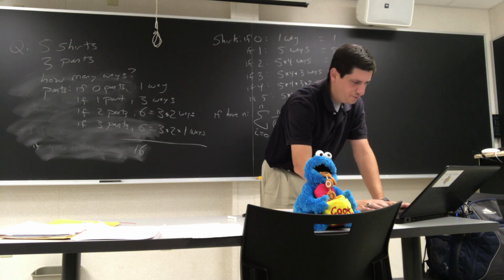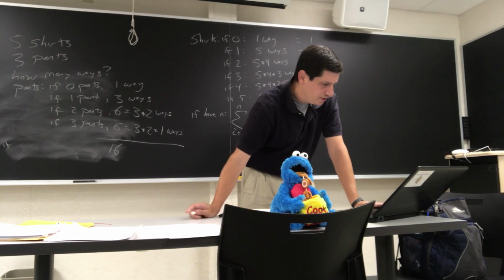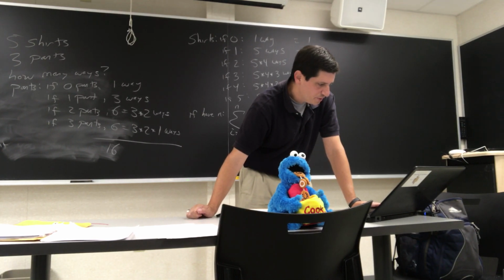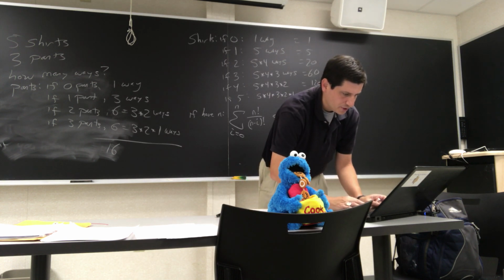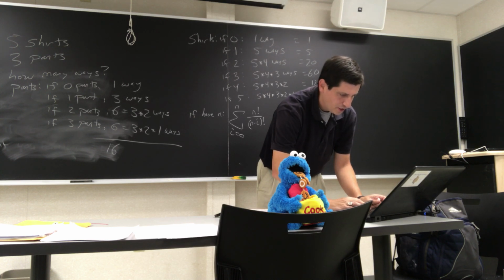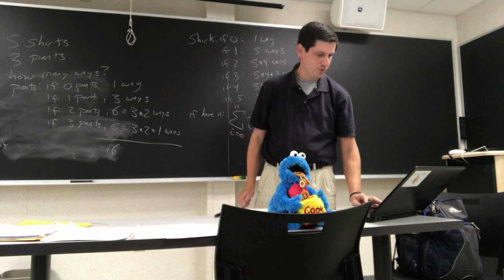Okay, and so the first few terms I get are 0, 2, 6, 12, 20, 30, 42. So that does not match what we had. Oh, oops, there's a typo. Okay, there you go. Now I've got 1, 2, 5, 16, 65, 326, 1957.